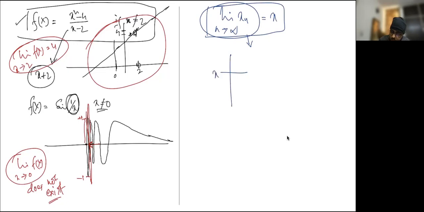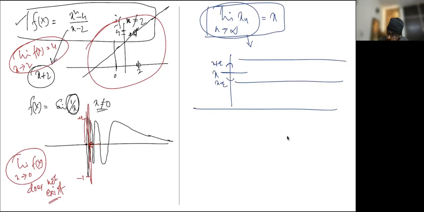So the idea was that given any small neighborhood of x, given any epsilon positive, we should be able to get hold of a big enough N such that beyond that, all the xn's are between these two numbers.